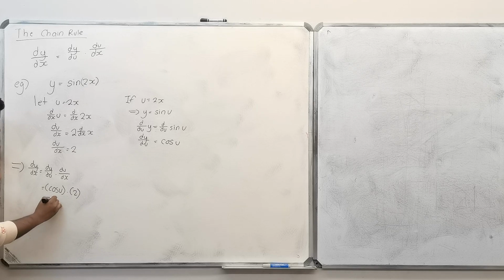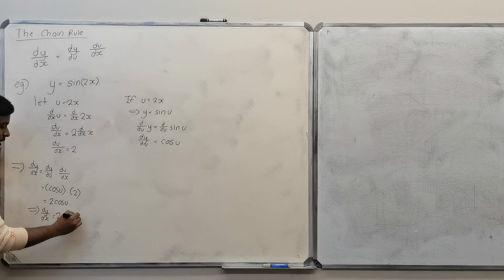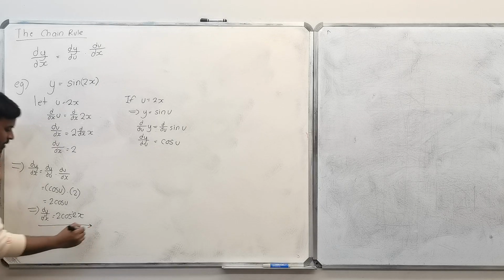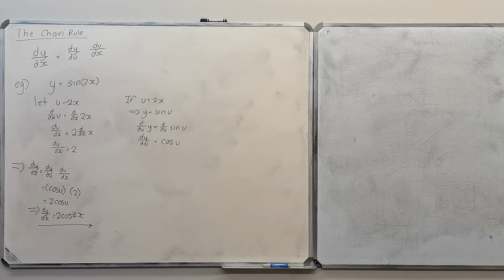So this is 2 cos u, which implies that dy over dx is equal to 2 cos 2x. That's the derivative of sine of 2x. Different from 2 sine x. With me?